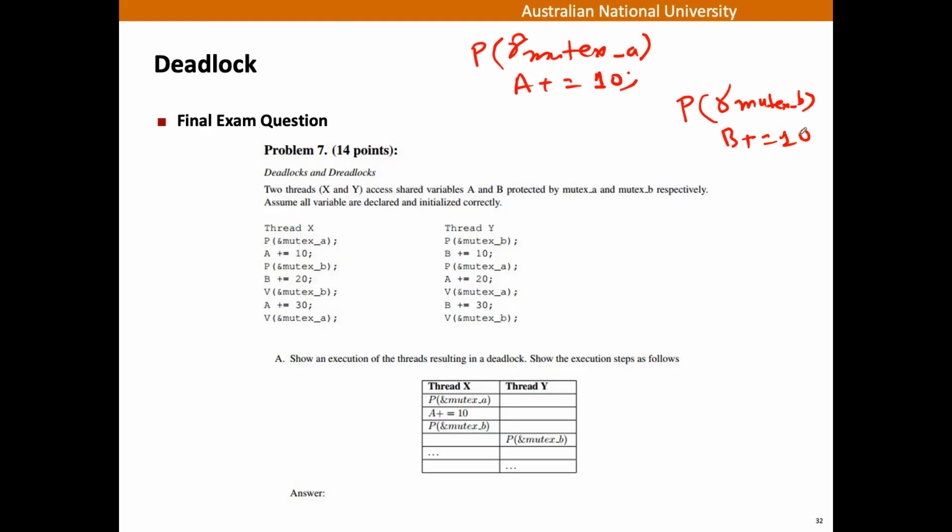Thread X wants a P on mutex B, so it will sleep because mutex B is held. Thread Y will sleep because it wants mutex A. And so we have a deadlock. Both threads are now waiting for each other to do a V operation, so we have a deadlock.